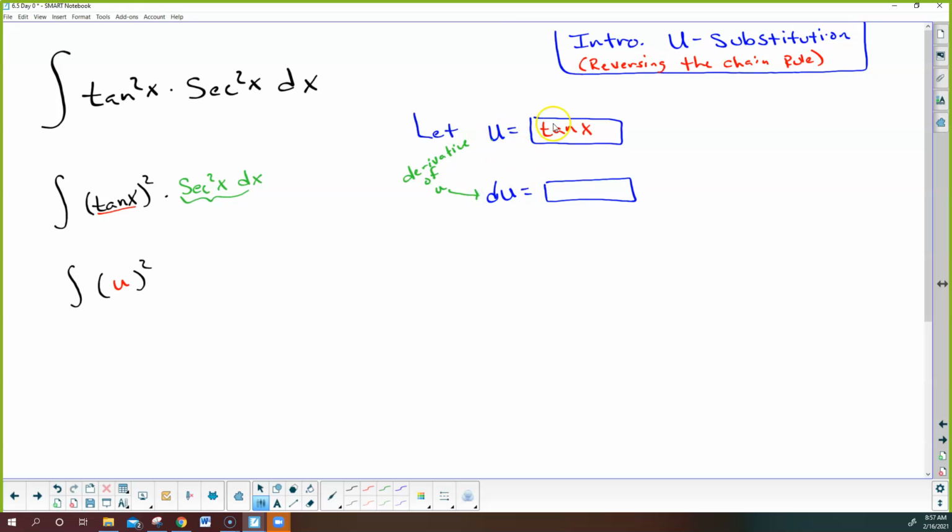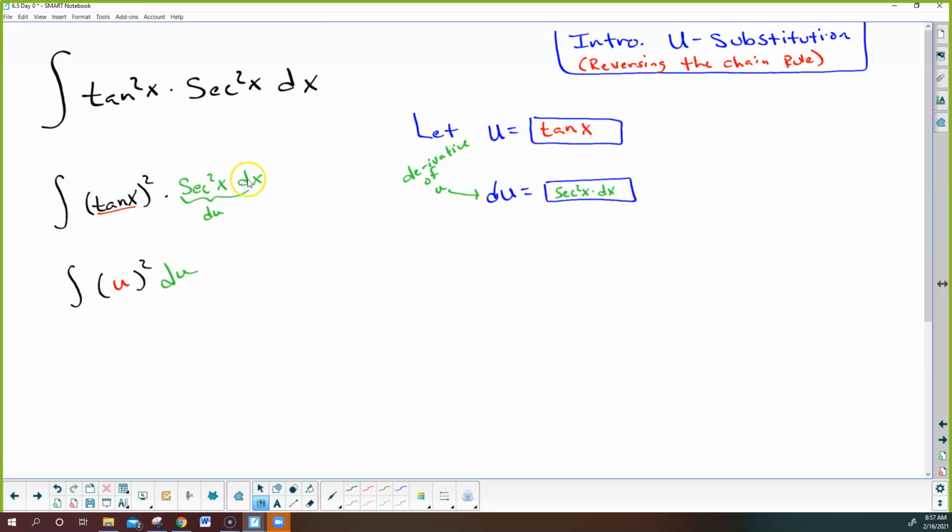Well, let's think of this. If U is tangent, we know the derivative of tangent is secant squared x, and because we're taking the derivative of x, we have a dx after that. Well, look at what we have then. If we're replacing U with tangent, and then the derivative of U is secant squared, we're going to replace that with du.